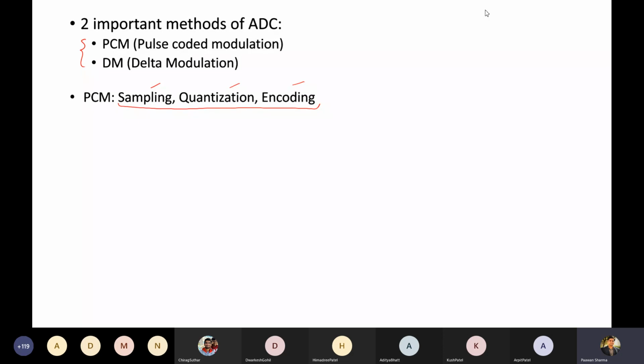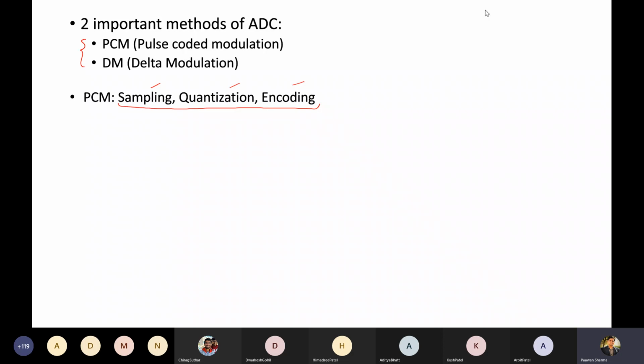Okay, so that is quantization. Once you have performed quantization, the signal after the stage of quantization is discrete in both ways: discrete in time as well as discrete in amplitude. Discrete in time was done by sampling, and discrete in amplitude was done by quantization, and all that remains is encoding. Encoding is the representation of that particular discrete level into a particular digital code word.